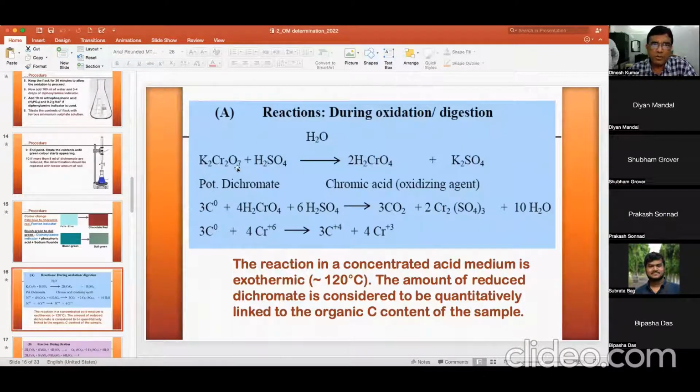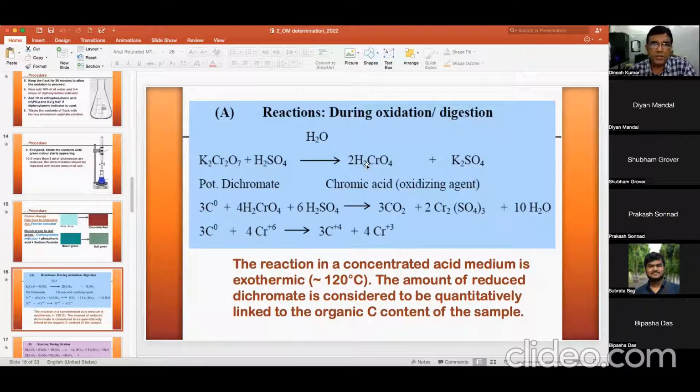So K2Cr2O7, this is potassium dichromate, with sulfuric acid makes chromic acid, H2CrO4, plus potassium sulfate. This chromic acid is the oxidizing agent. It will oxidize the carbon, but in doing so, it will reduce itself.